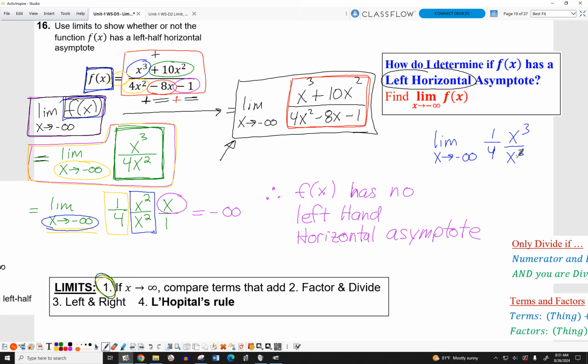Now as x becomes increasingly negative, this would stay at 1/4. This would always be 1, and so our limit would be 1/4. Comfortable? The conclusion would be f does have a horizontal asymptote on the left half, and the value of that asymptote is y equals 1/4.